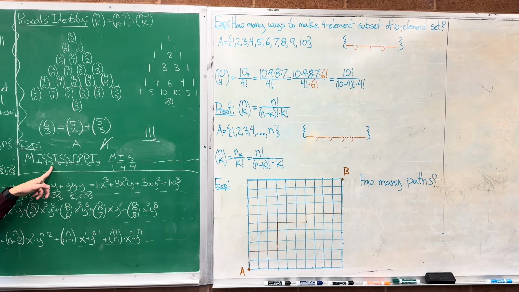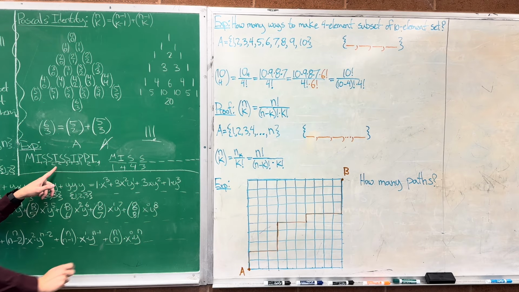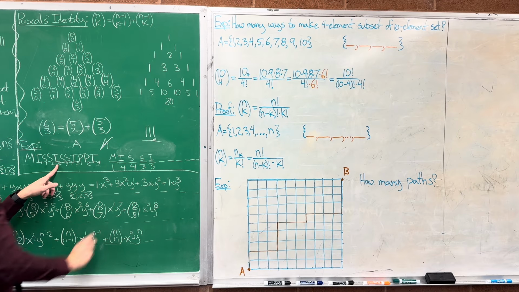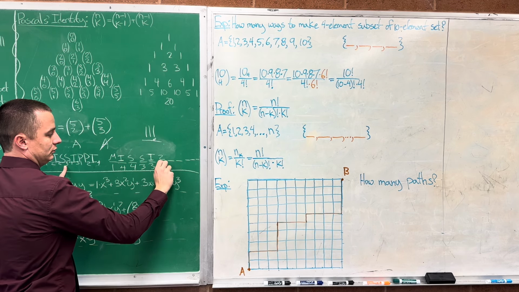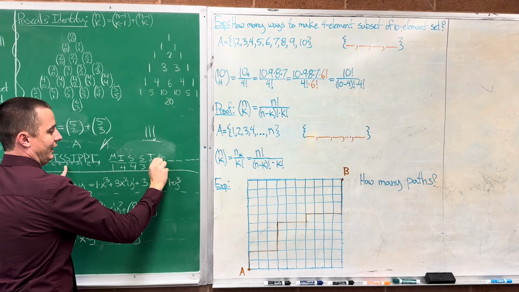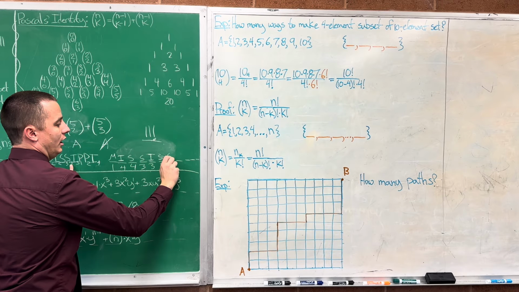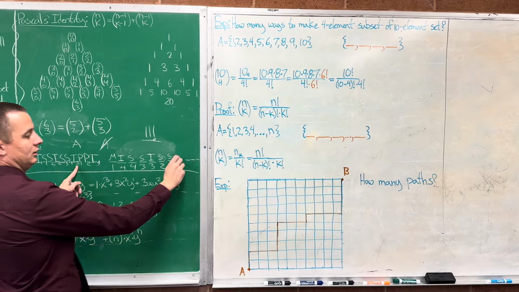How many options now do I have for my second S? 3. How many options do I have for my second I? 3. How many options for my third S? 2. That's my S, 2. How many options for my last S? 1. How many options for my third I?